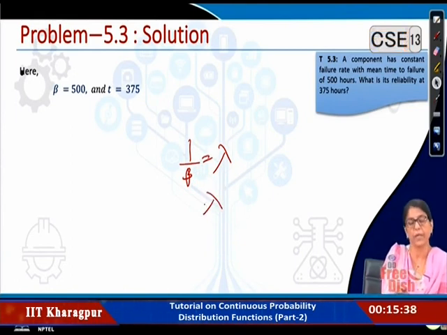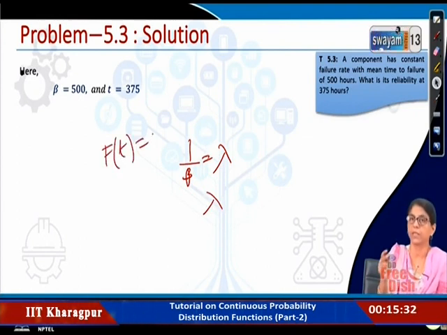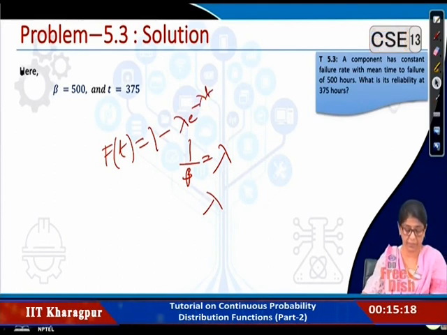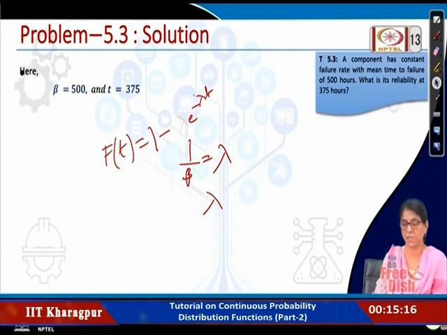So, when we try to find out the reliability of this, first we will have to find out F of t. So, F of t will be nothing but the integration of the probability density function that we have. Once we integrate that, we will get 1 minus e to the power minus lambda t.